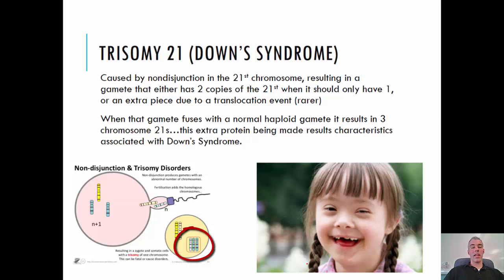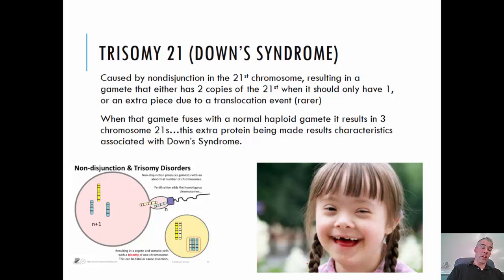And as a result of that excessive protein, you get the characteristics of Down syndrome that we commonly see. Examples of that would be low muscle tone, sometimes issues with the tongue attachment, the separation of their eyes, things like that, and lowered IQ.